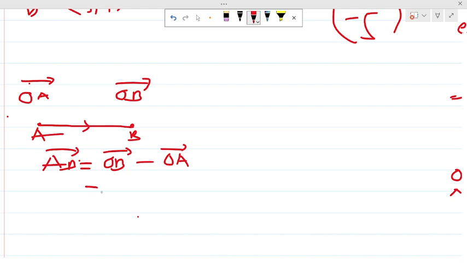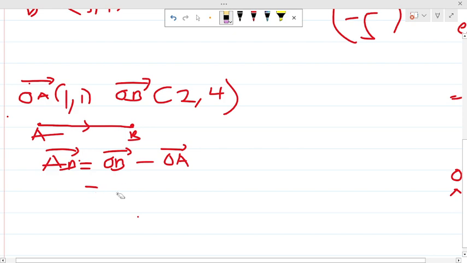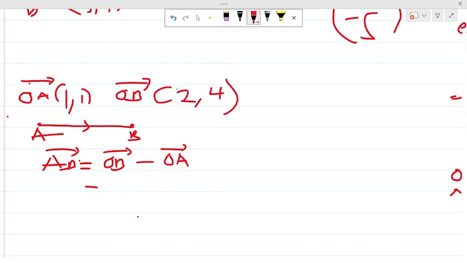So let's say vector OB is 2, 4 and vector OA is 1, 1. So we get vector OB to be 2, 4, vector OA to be 1, 1.